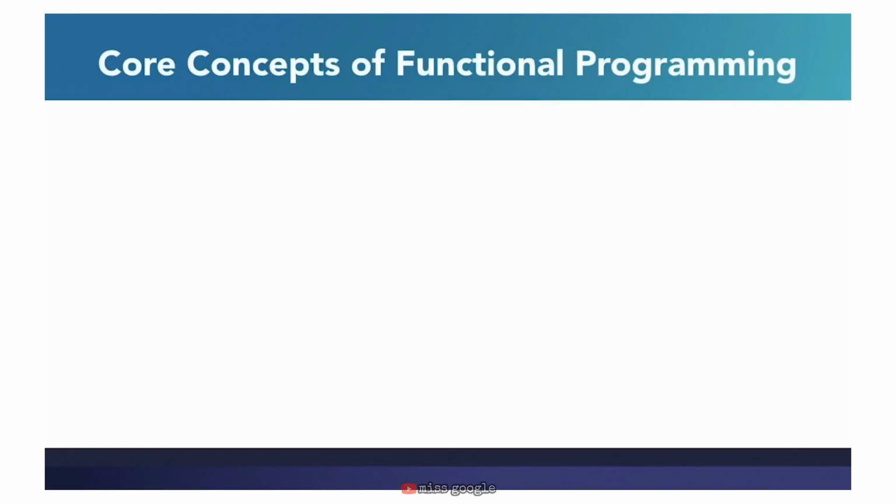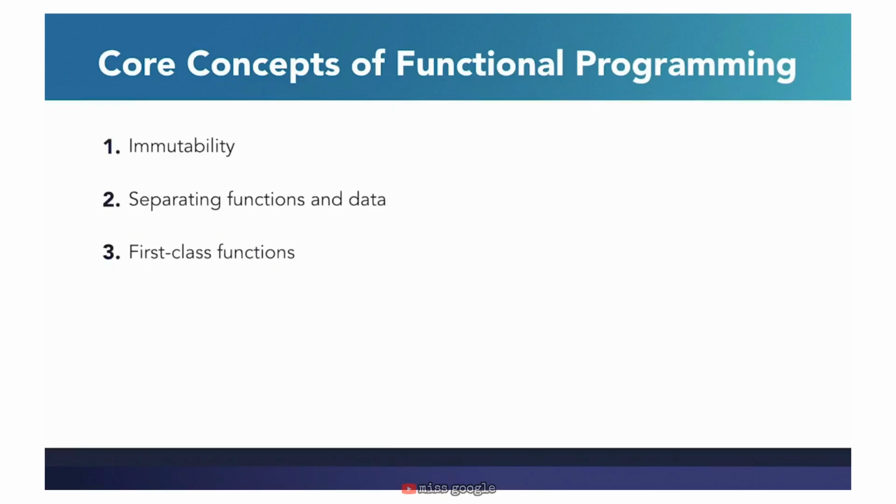Well, there are 3 main concepts behind functional programming which together allow us to do just that. These concepts are 1. Immutability, 2. Separating functions and data, and 3. First-class functions. Over the course of the next few videos, I'll go into depth on what each of these concepts means, contrast it with how other paradigms do things, and explain its advantages.